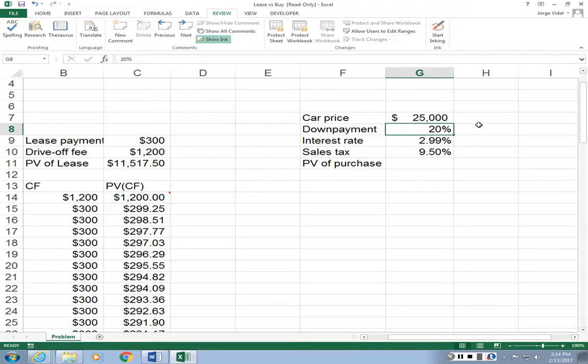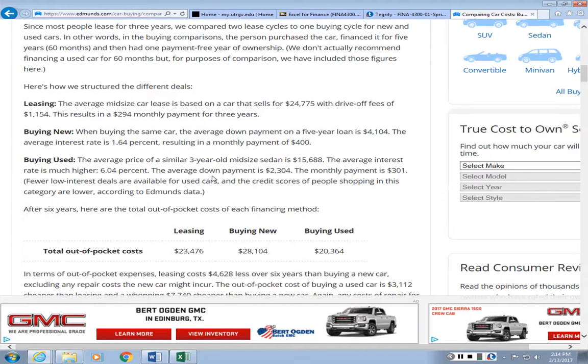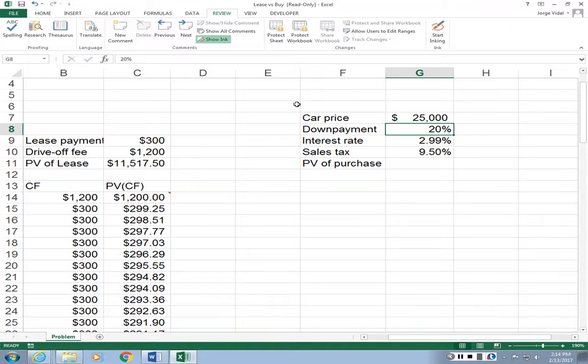I'm going to go back to the article real quick. And it says here that the average down payment when you buy a new car is $4,000. 4,000 of 25, so that's like 15%? So let's make the down payment 15%.